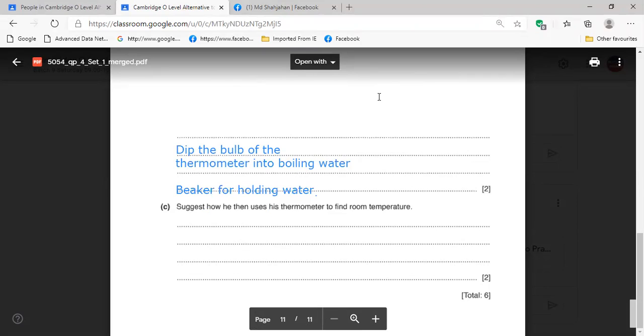If it is 10 centimeter long, then 100 degrees Celsius is equal to 10 centimeter. Then each centimeter gives you 10 degrees Celsius, and each millimeter gives you 1 degree Celsius. If you mark all the readings this way, it gives you the calibration, isn't it?